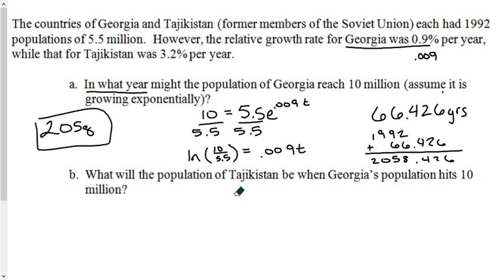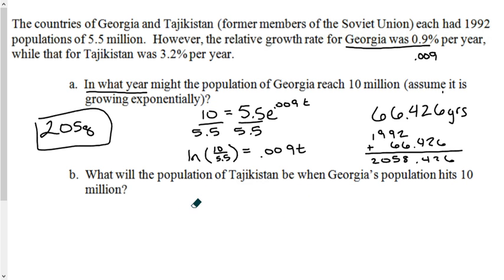Well, it's probably not going to happen. But that's a long ways out. Remember how far off we got with our growth model with bacteria just on a couple days? Imagine being 50-some years or 66 years in the future and trying to predict what will happen. So these models tend to break down once you get very far outside of your working domain.